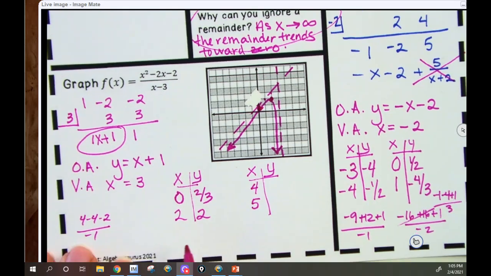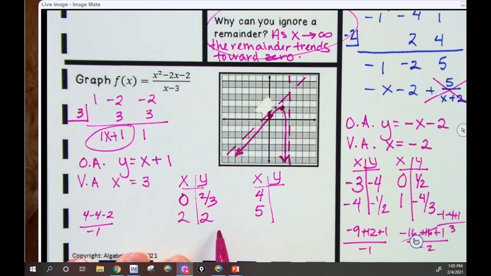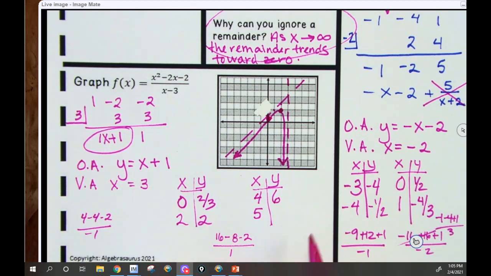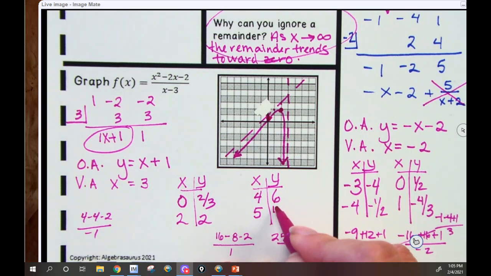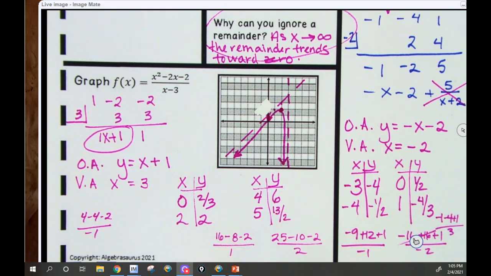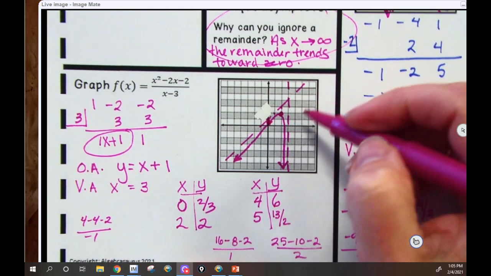I'll plug in 4, and let's see. 16 minus 8 minus 2 over 1. That'll be 8, 6. If I plug in 5, 25 minus 10 minus 2 over 2, 15, 13 halves. Okay, we're going to kind of be running out of room on that graph, aren't we?